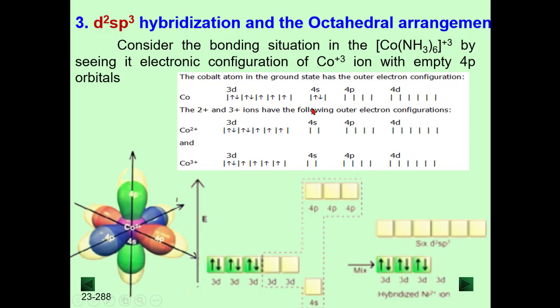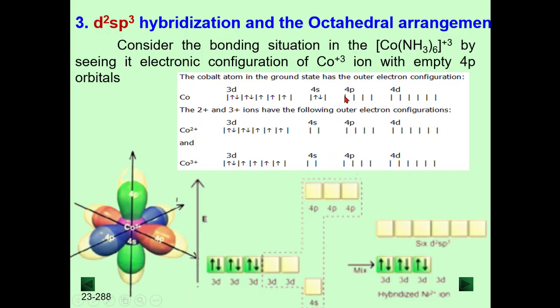For plus 2, we have to remove the 4s2 electrons, making a similar electronic configuration but without 4s. If we make cobalt plus 3, it means that along with the 4s2 removal, we have also removed one electron. By removing one electron, this electron is also made single, and this is the other neighboring orbital.